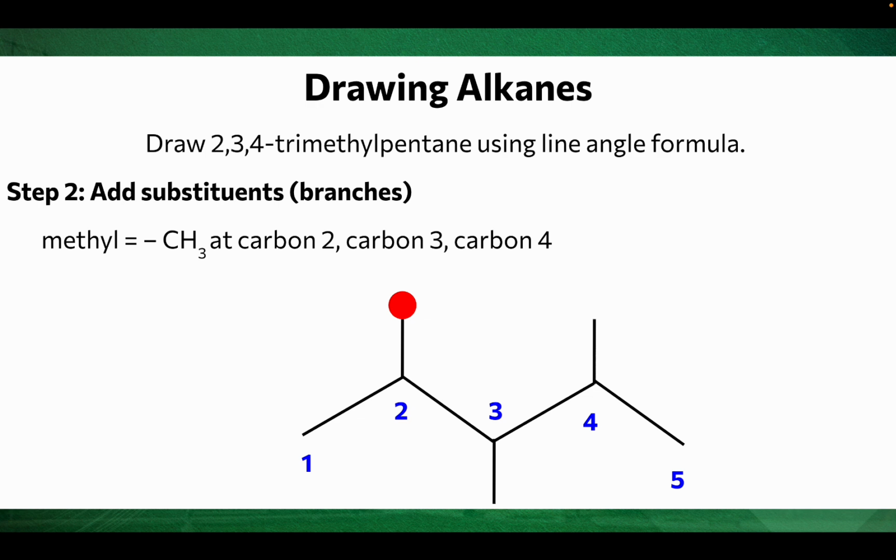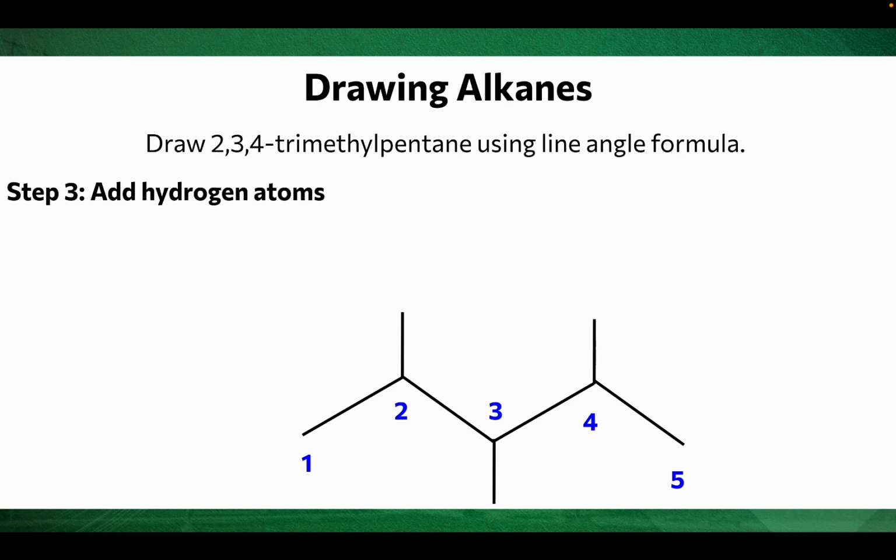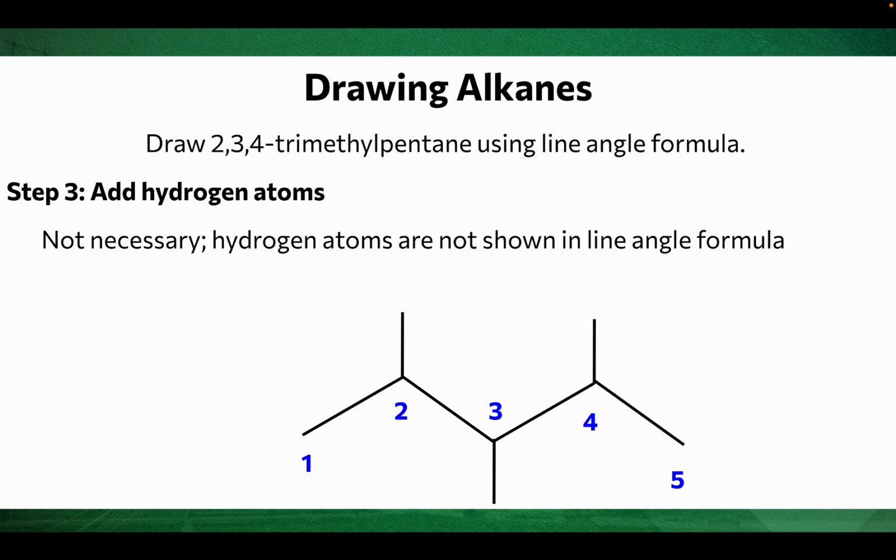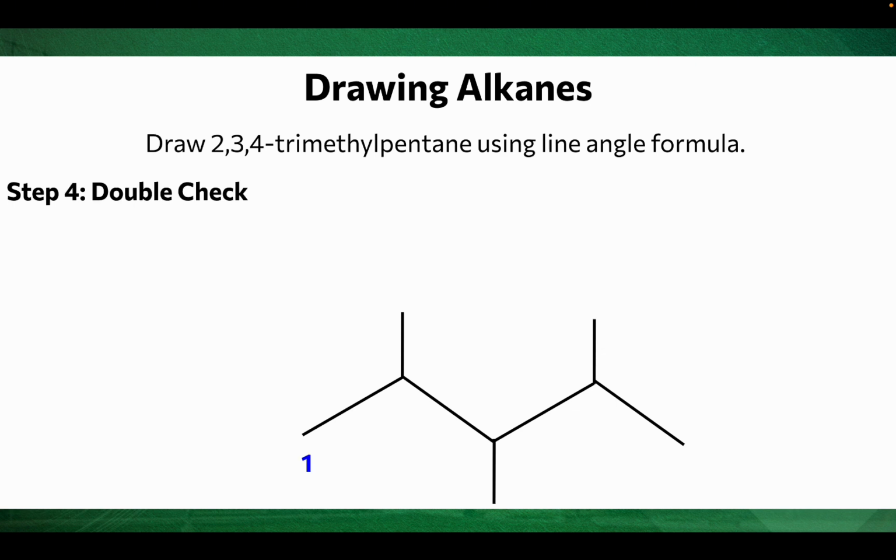Okay, so that's 1 carbon, CH3, 1 carbon, CH3, 1 carbon, CH3. Step 3 is to add hydrogen atoms. This is not necessary because we're looking for line angle formula. And you double check. So this is 1, 2, 3, 4, 5. Pentane, you have 1 carbon, that's methyl, 1 at 3, 1 at 4. So this is the correct drawing.